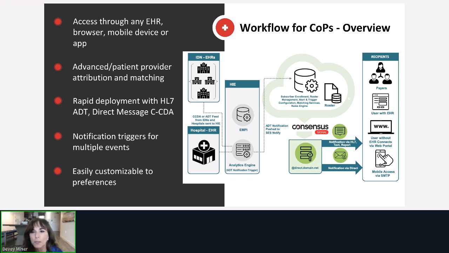Then on the recipient's end, you've got a number of different stakeholders. I mentioned payers. Gaps in care are so important for health plans today, because when you think about the kind of data that health plans get on what's happening with their patients, it's claims data. And that claims data is latent.